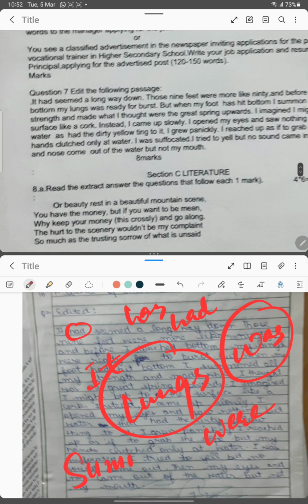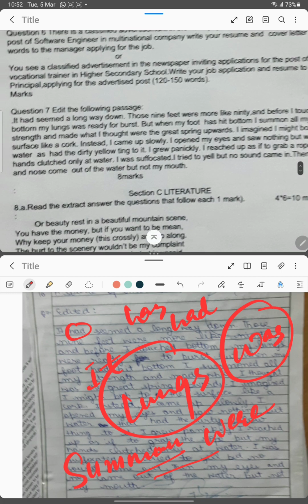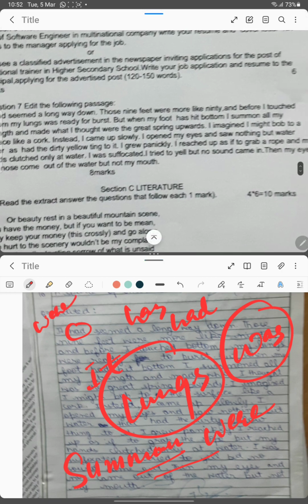I summon all my strength. Summon, S-U-M-M-O-N. Summon. This is the first form of verb. I summoned all my courage or strength and made what I thought were the great spring upwards. Was the great spring upwards. Were नहीं आएगा, was आएगा because अब singular है. The great spring upwards.